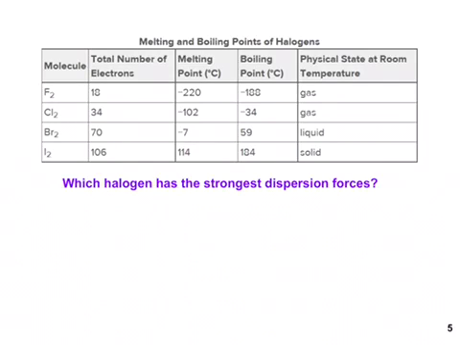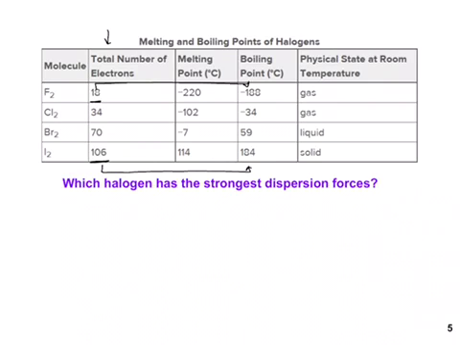When we look at these London dispersion forces and the number of electrons, we can see evidence of the strength of these forces in the melting and boiling points, especially in the halogen family. Looking at the total number of electrons, fluorine has the fewest, and iodine has the most. Iodine has a boiling point of 184 degrees Celsius, whereas fluorine with only 18 electrons has a very low boiling point at negative 188 degrees Celsius.